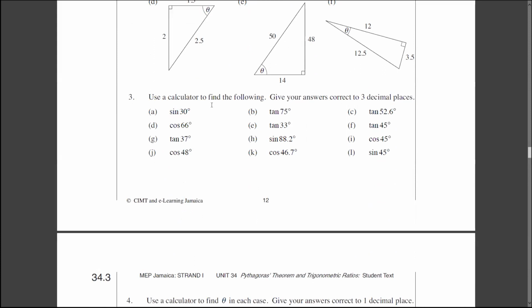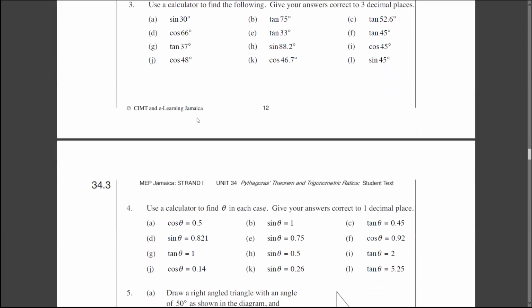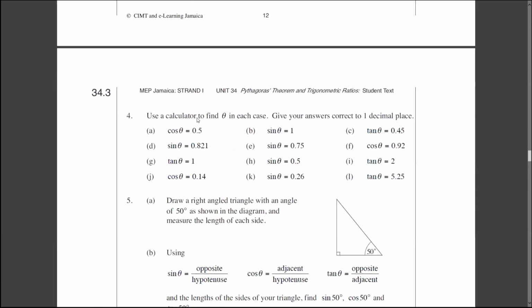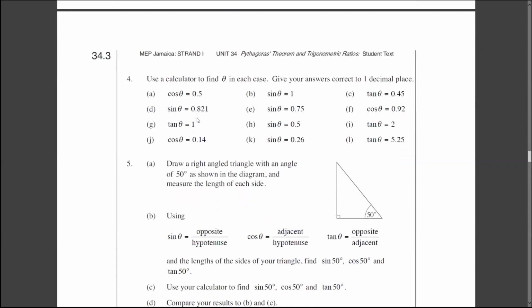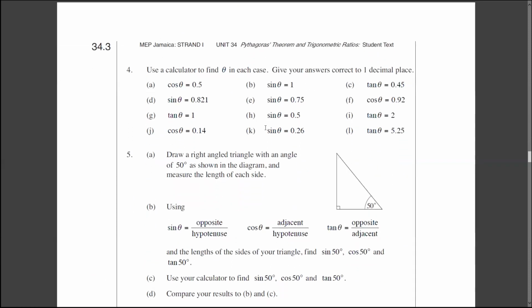And then use a calculator to find these. Just put in sine 30 in the calculator and you can confirm that. Then use a calculator to find theta, giving answers to 1 decimal place. You're going to have to use the trig inverse on a calculator now.